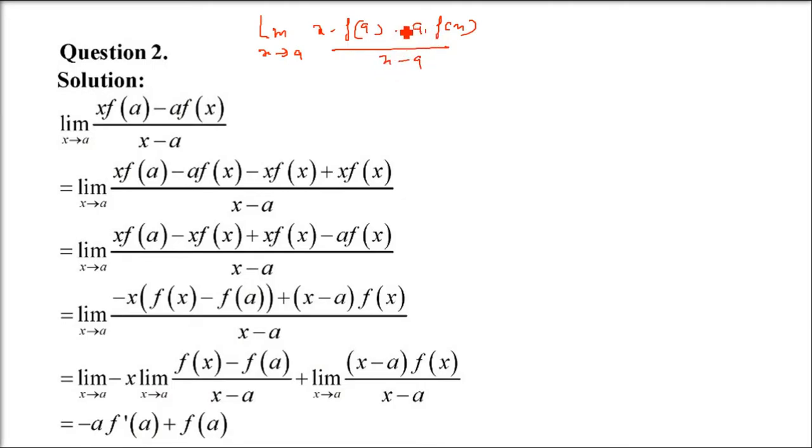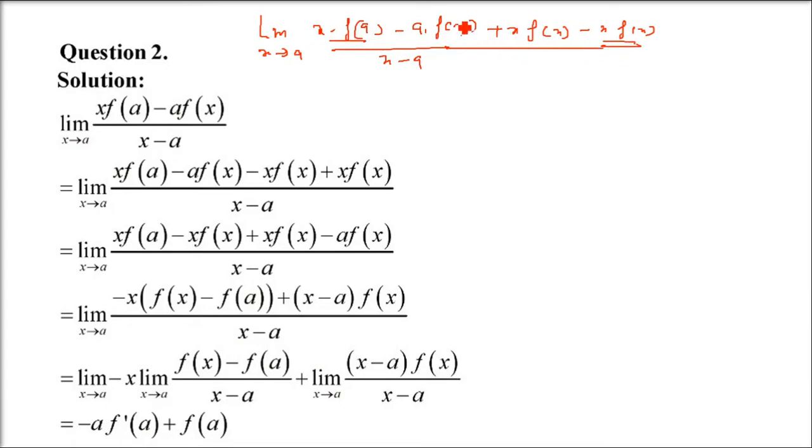So what we will do here, we will add something and subtract something. That is, I am adding and subtracting this term, x f(x). It won't affect because ultimately they will be cancelled. Now x f(a) minus x f(x) we will take together and take x common.